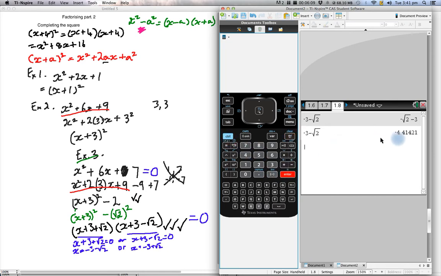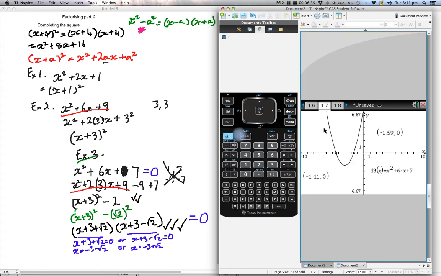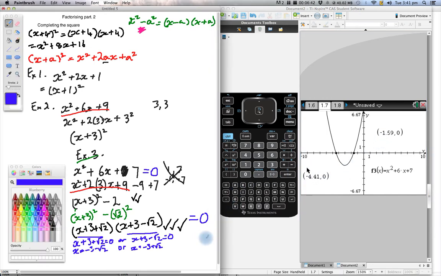There we go, minus 4.41, and we've got more decimal points here because this is just going to keep on going. And let's look at the other one too, just to confirm. Minus 3 plus root 2. This time I'll ask it to give me the inexact answer straight away. There we go. So that's the same two. Put those in your mind right now, and we'll shift across to our previous page. There they are, those two same values, although these ones are rounded off. Okay, so that's the null factor law. Let's look at it in a few different examples.